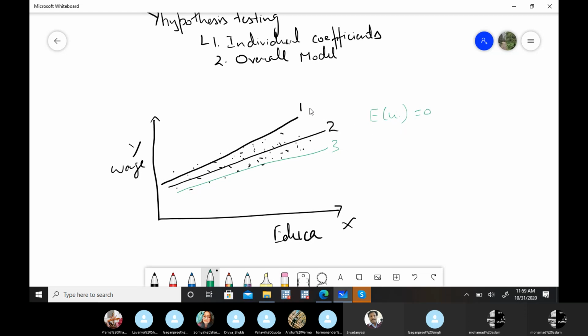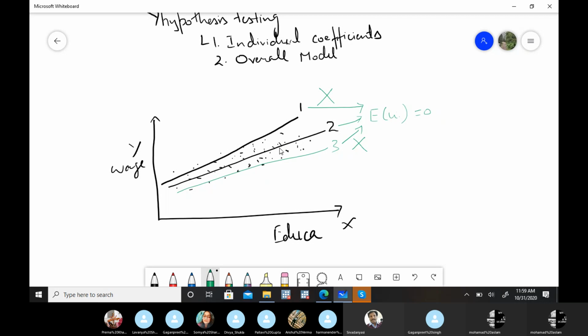Now think, is it possible for the first, second, or third? Graphically, you can see it's not possible for the first, nor for the third, only for the second. But we are saying we have this assumption.